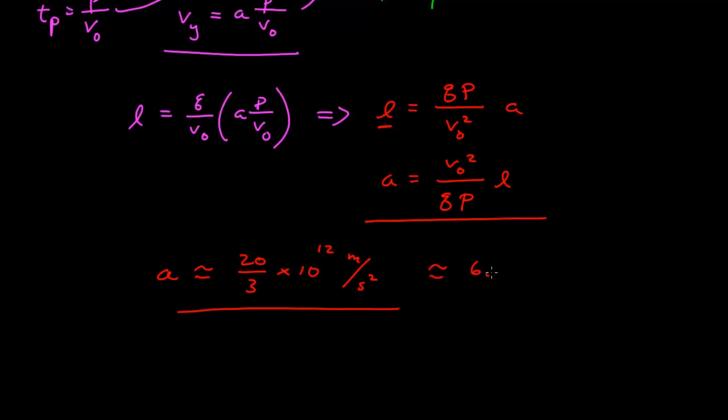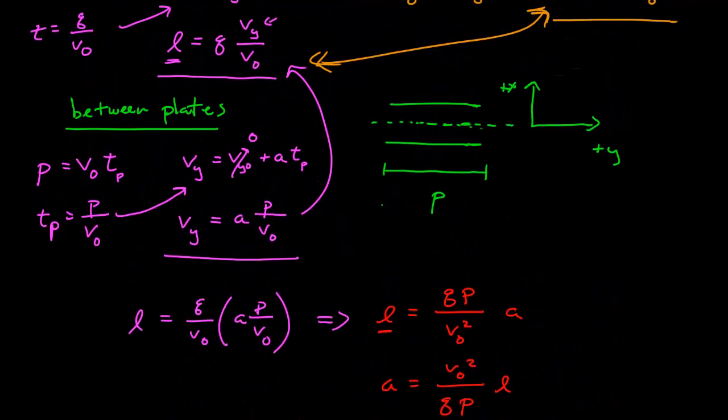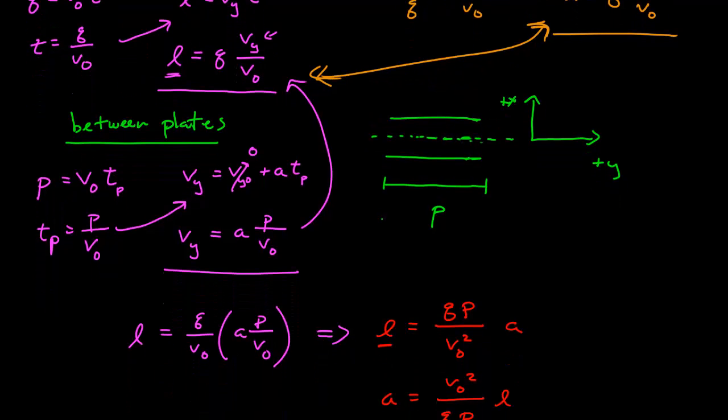This is about 6.7 times 10 to the 12 meters per second squared. So the first thing we see already is that it certainly was a good approximation to eliminate gravity. The gravitational acceleration is so completely negligible compared to this acceleration that it was completely appropriate to ignore gravity.